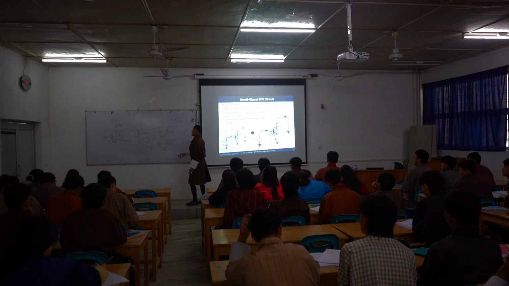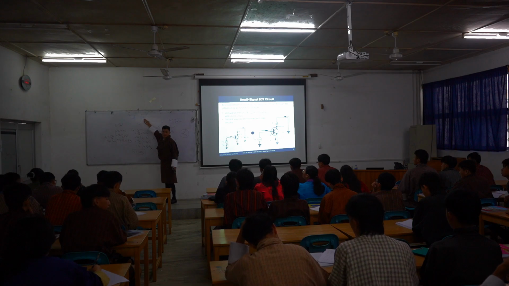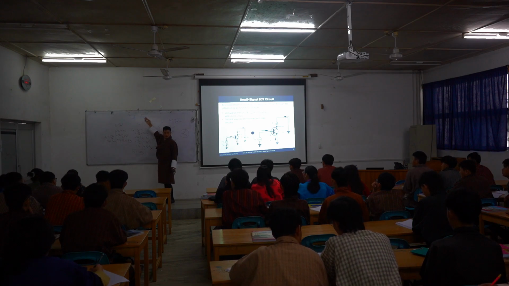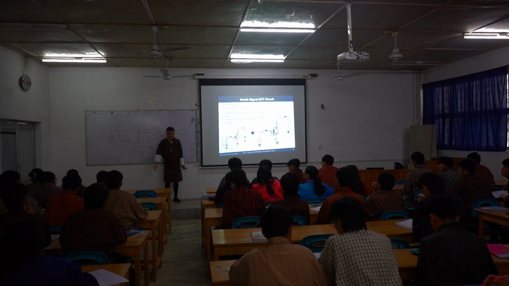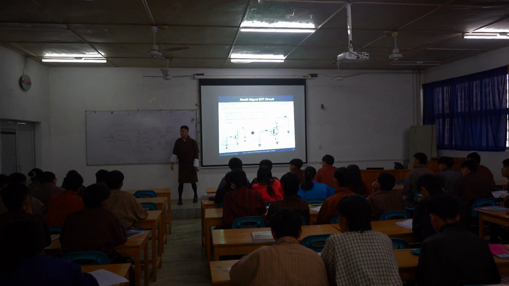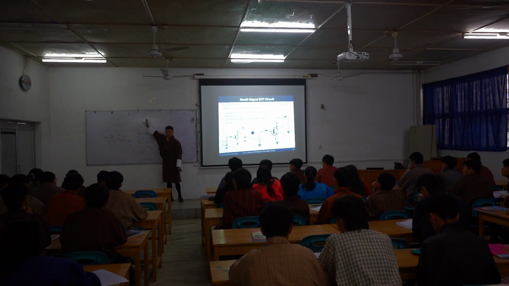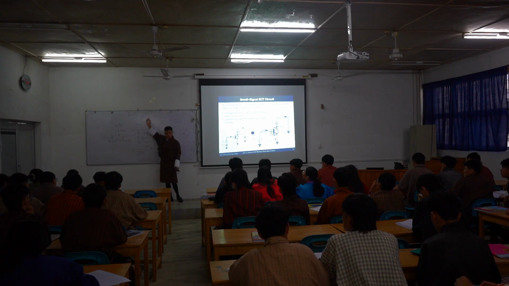Some textbooks might represent it with this particular current. In some textbooks you will get this current source as beta times IB. In some textbooks you will hardly see this one, but some foreign textbooks use this one.